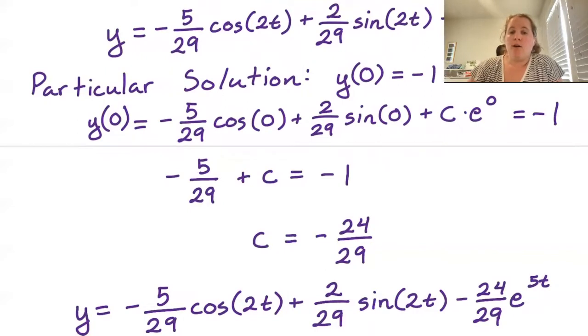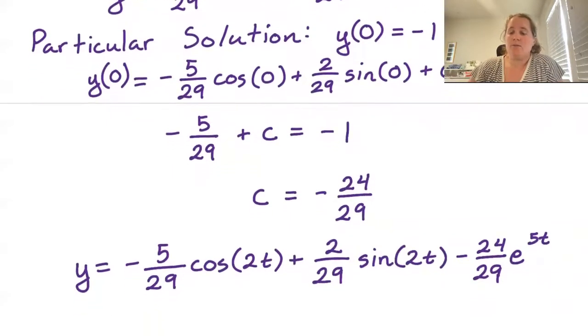You can always check your solution by simply plugging it back into the differential equation and into the initial condition and verifying that it does check out. But this is sort of the process for solving this non-homogeneous linear first order differential equation.